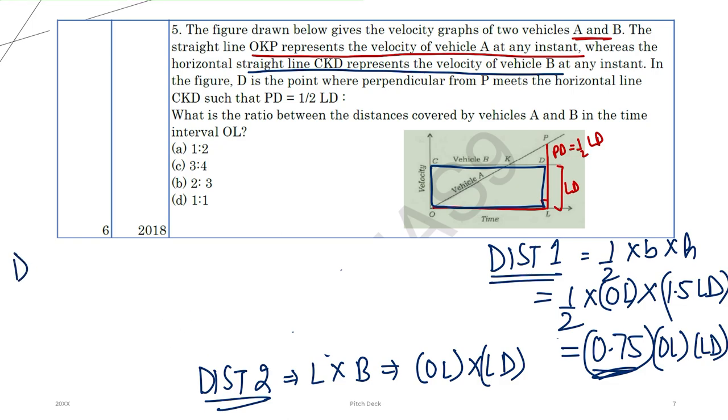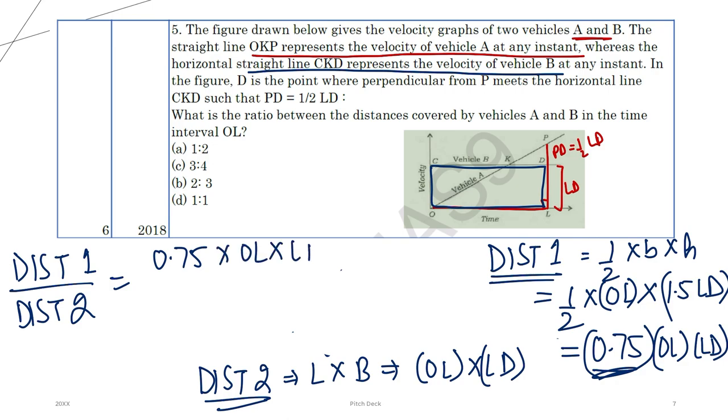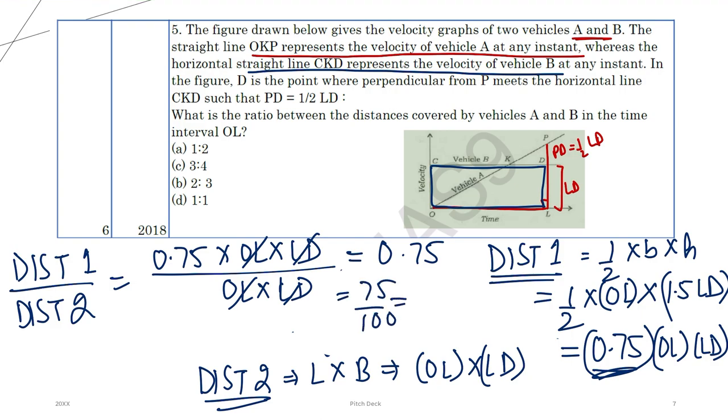Distance by A is 0.75 into OL into LD, and distance covered by B is OL into LD. This will get cancelled out. You will be left with 0.75 or 75 by 100 or 3 by 4. This is the final answer, 3 by 4.